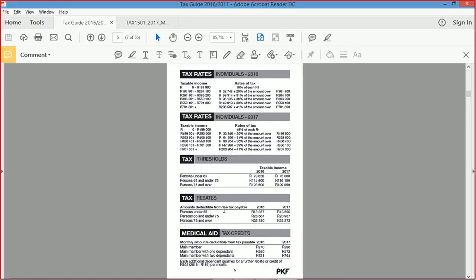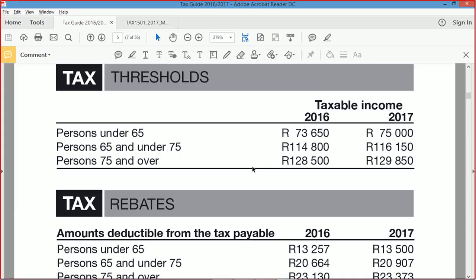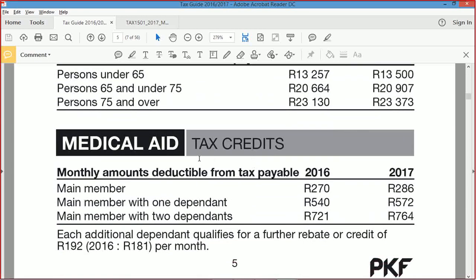What page was it on? I'm not seeing it now. I think I've gone too far. Let's start from the beginning and look at the index. We're looking at medical aid tax credits, page 5. There it is, page 4, page 5. Here it is at the bottom.